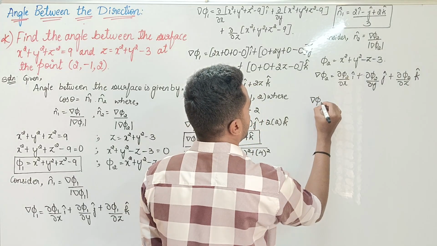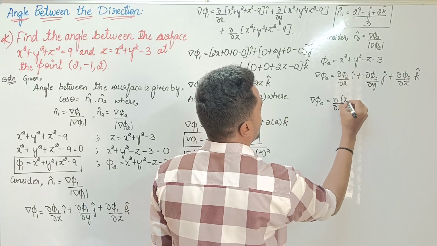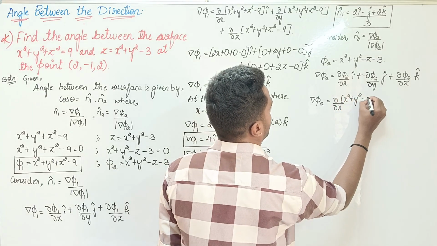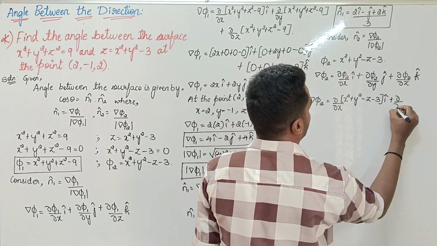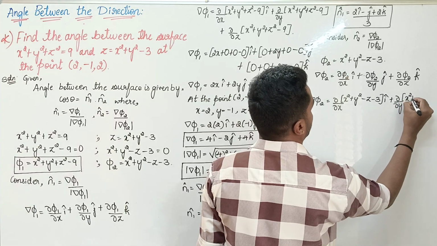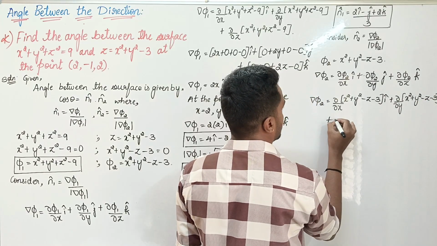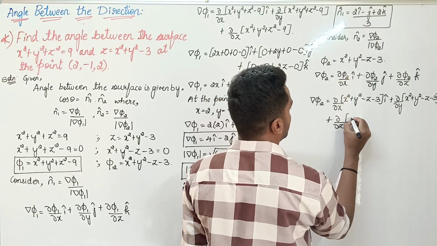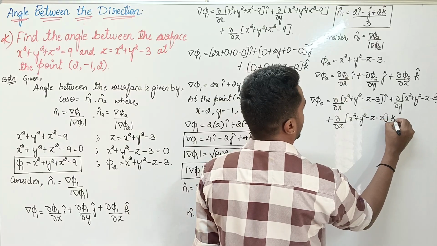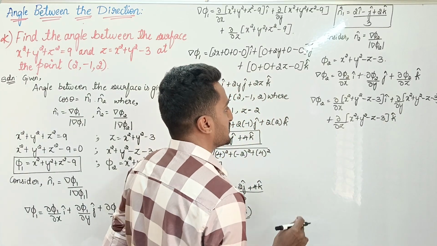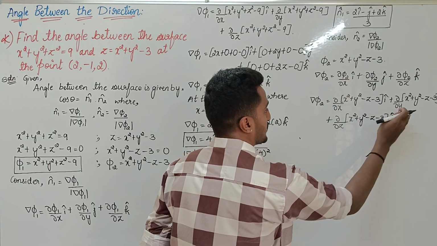That is dou by dou x of x square plus y square minus z minus 3 into i cap plus dou by dou y of x square plus y square minus z minus 3 j cap plus dou by dou z of x square plus y square minus z minus 3 into k cap. Now I need to differentiate this whole term with respect to x, y, and z.